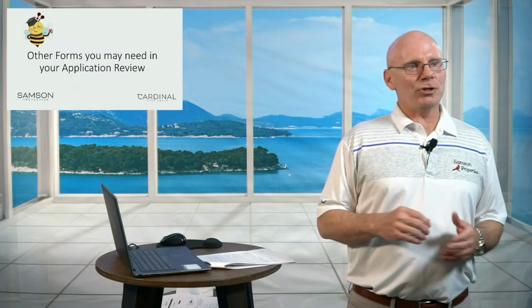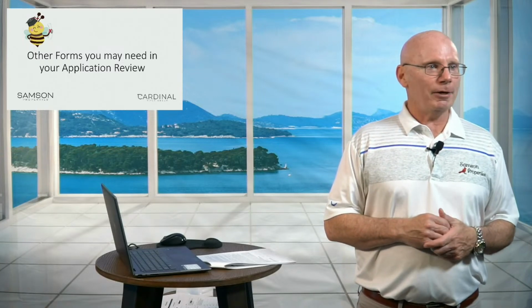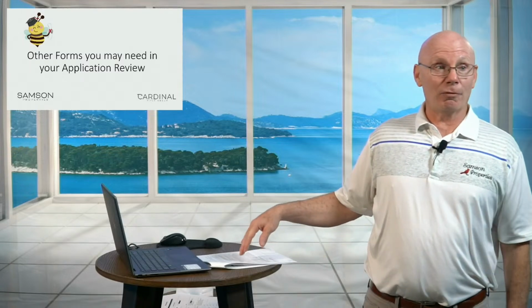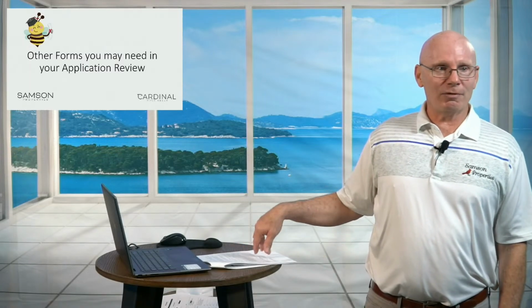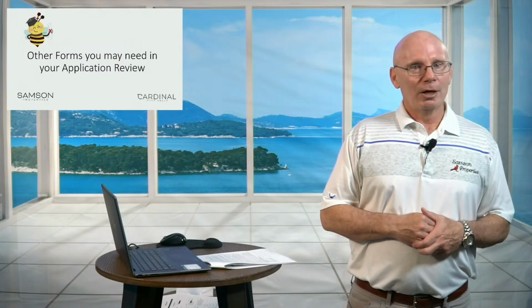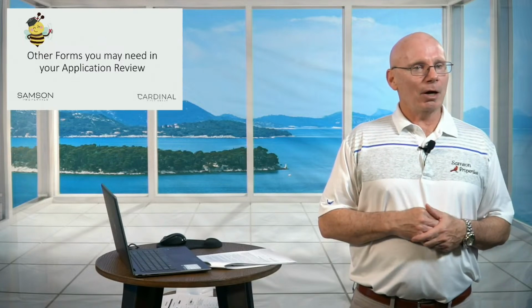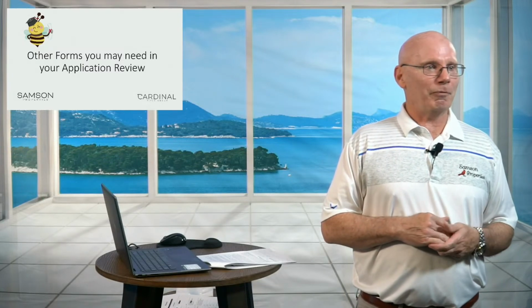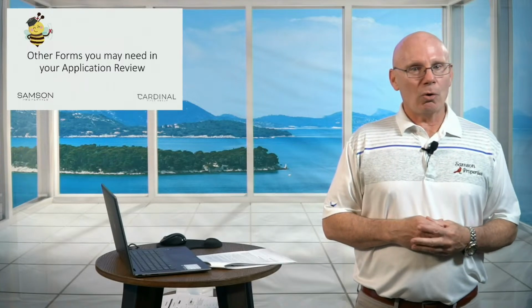But in a day and age of such high fraud, I would be very leery about giving it out. Driver's license information is all in here, all kinds of information about this person. If it got in the wrong hands, it could potentially cause some pain and suffering for that tenant.